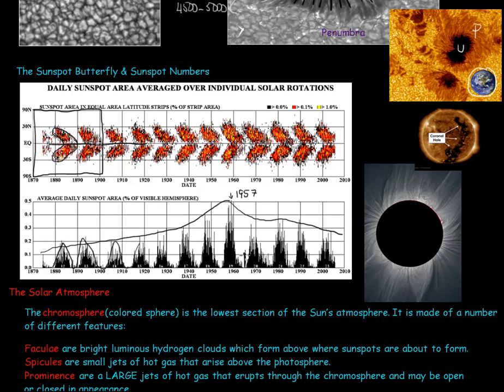So this is the minimum, and then we get to this point right in here where we have large areas in both hemispheres. That's the maximum part of the cycle, and the cycle happens around every 11 years or so.